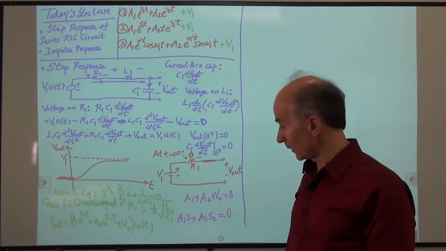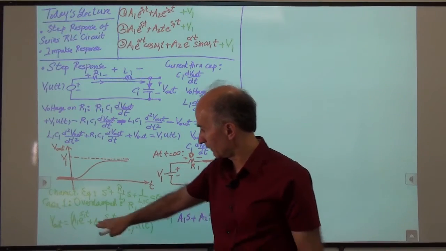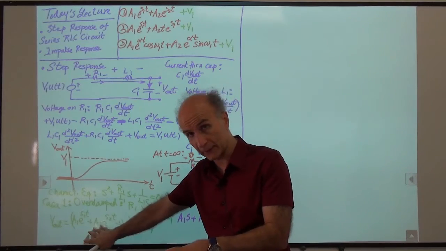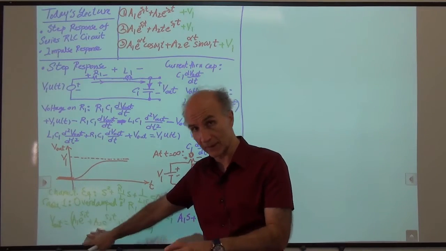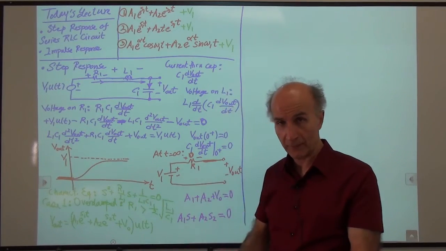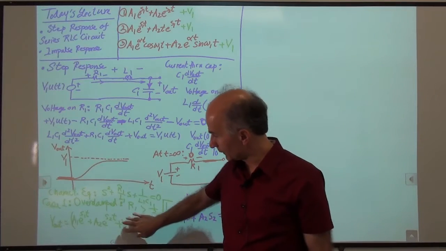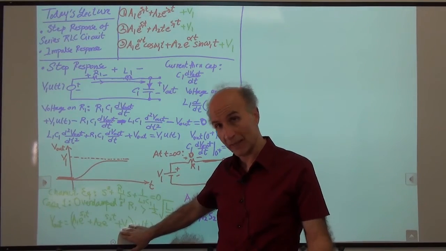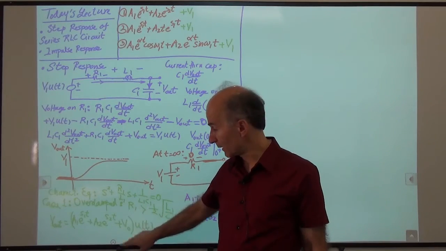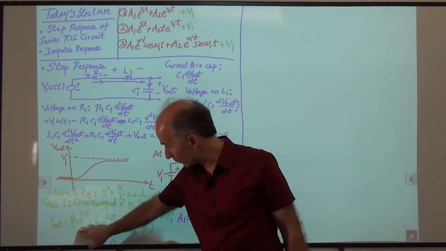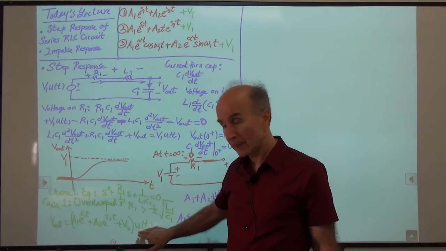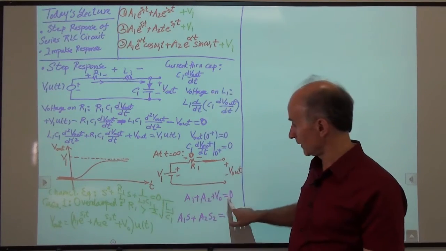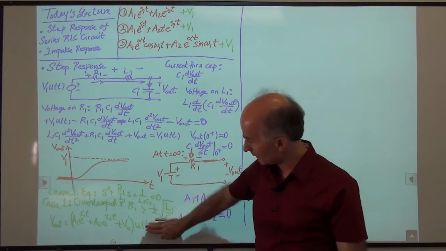What happened to the derivative of the u of t term? We say derivative of this guy times this, derivative of this guy times that, right? So we have delta of t times this. As usual, you have to convince yourself that delta of t times this has a 0 weight, a 0 area. That makes sense because what is multiplied by delta of t is actually the value of V out at time 0, right?